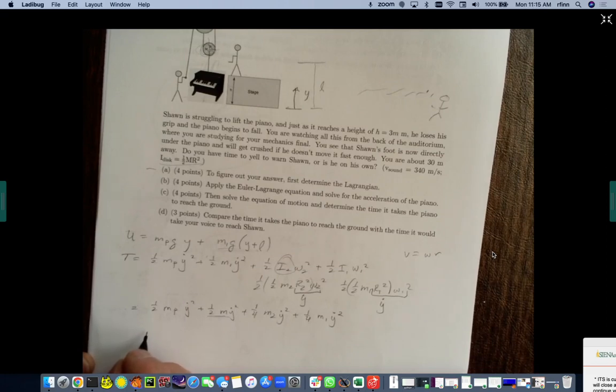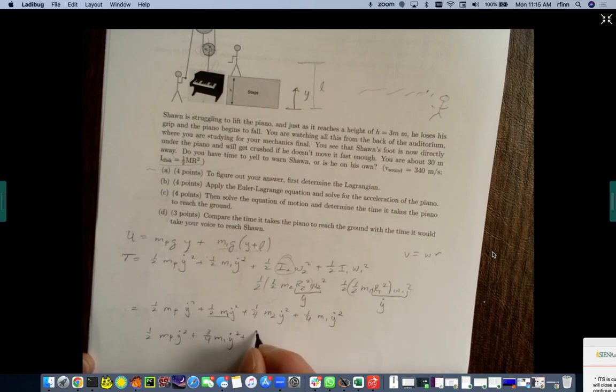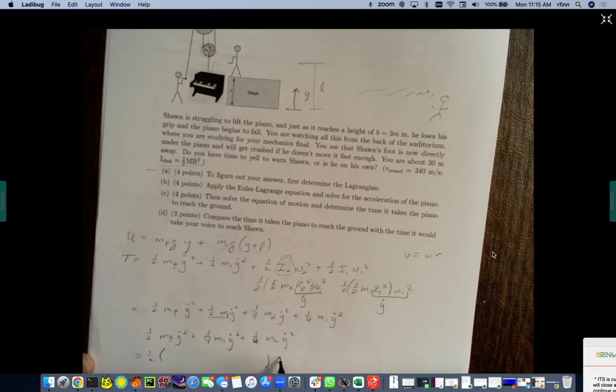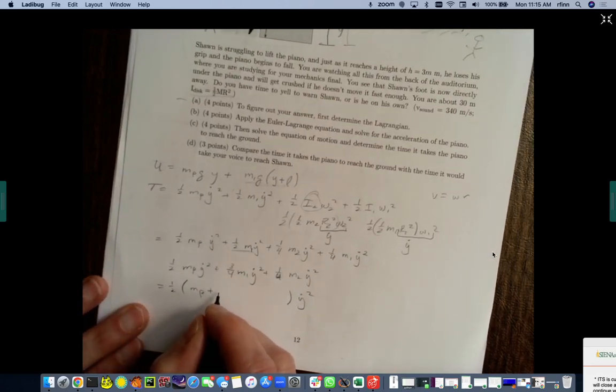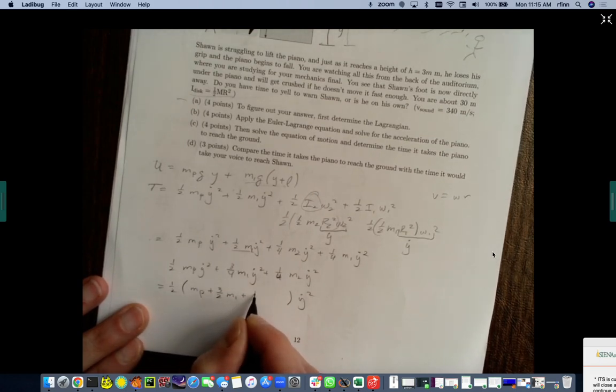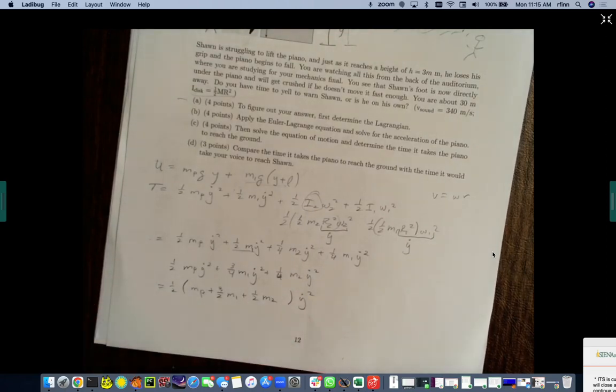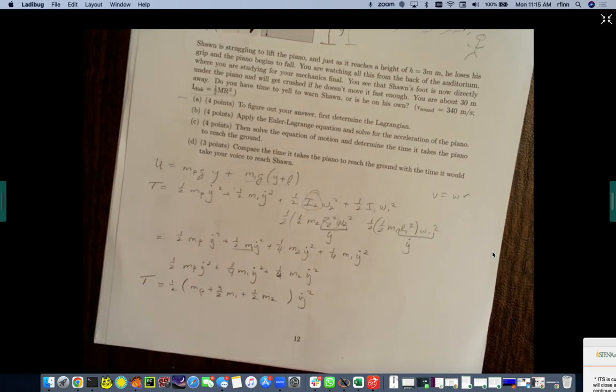Combining, we have 1/2 mp y dot squared plus 3/4 m1 y dot squared plus 1/4 m2 y dot squared. Taking out the 1/2, we get mp plus 3/2 m1 plus 1/2 m2, and that's our kinetic energy.